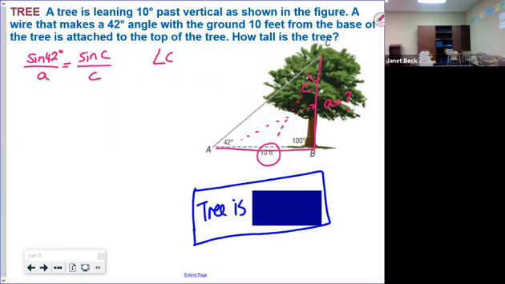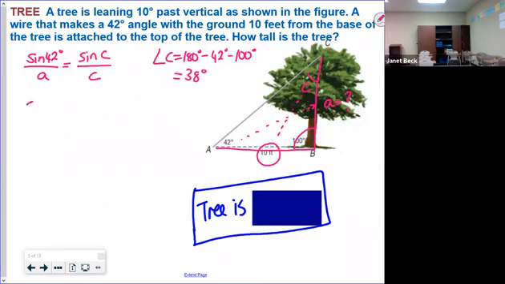Angle C is 180 degrees minus 42 degrees minus this 100 degrees. So it's going to be 38 degrees. Is that right? Yes, that's right. Okay.